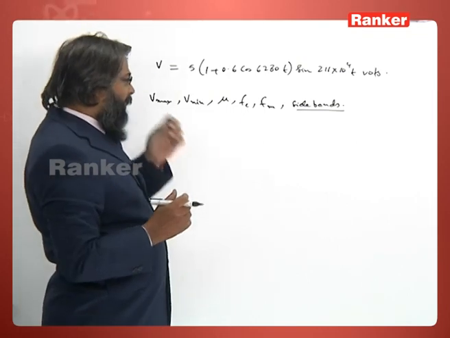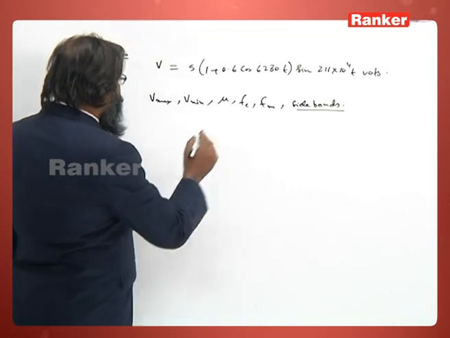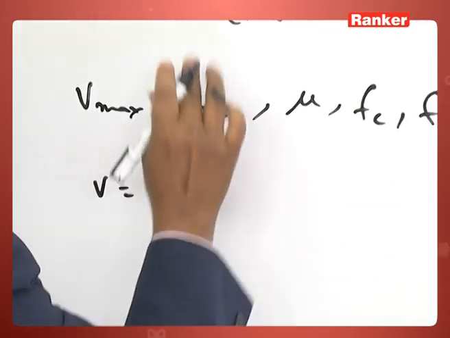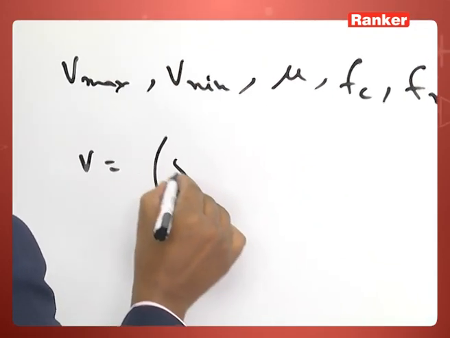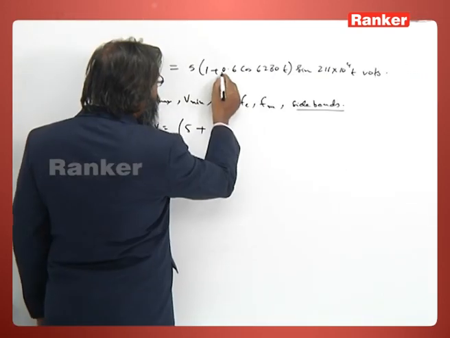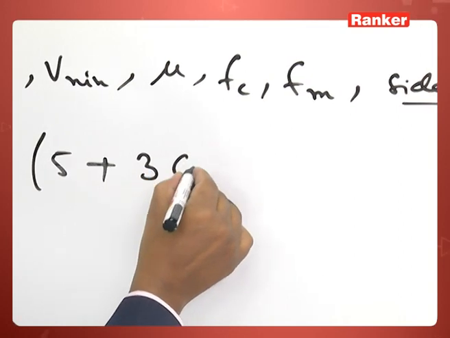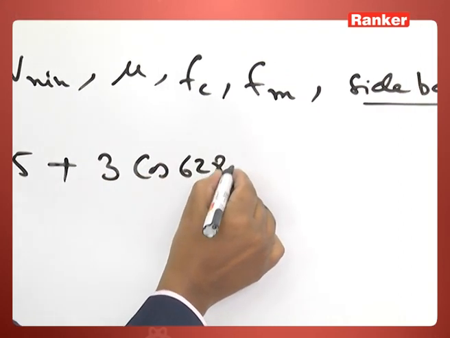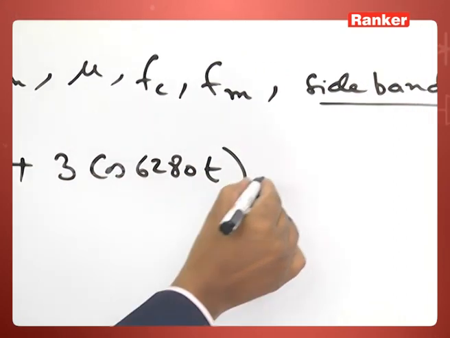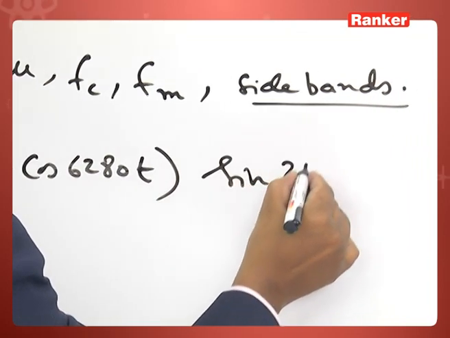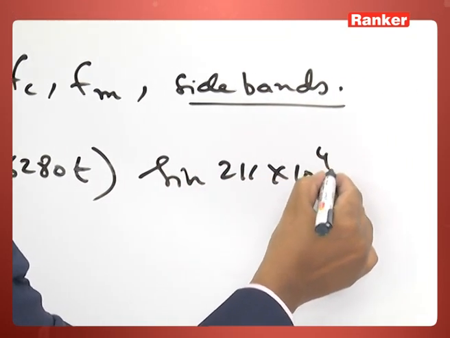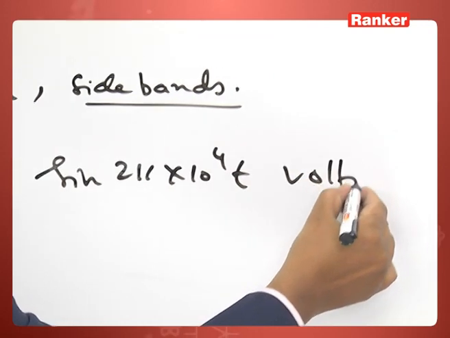In order to calculate all these things, let us do some simplification. Let us bring this 5 inwards. So it becomes 5 plus 0.6 into 5, which is 3, cos 6280 t times sine 211 into 10 to the power 4 t, in volts.